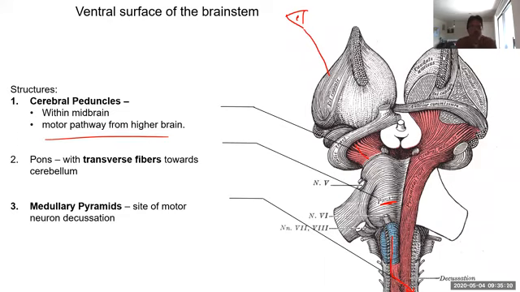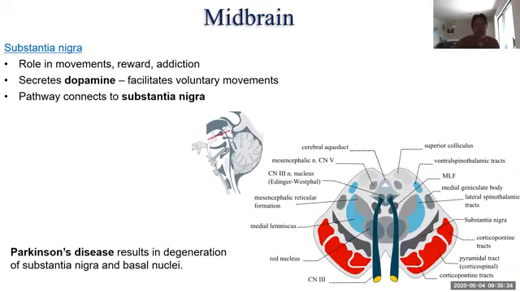All right, now what we want to do is take a cross section through the midbrain, right about here. And this will be going through either the superior peduncle or the superior colliculus or the inferior colliculus. If you take a cross section like that, I'll just draw it out over here.